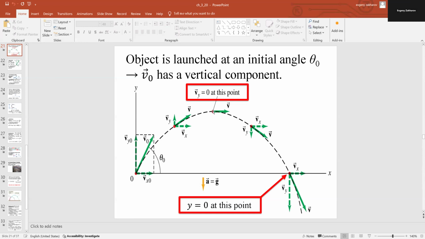You momentarily stop in terms of the vertical component for the velocity vector. And then you go back to the ground, and your vertical component is getting less and less and less. You're going into a negative value. And because acceleration is downward, you eventually hit the ground, and that's the end of the projectile motion.